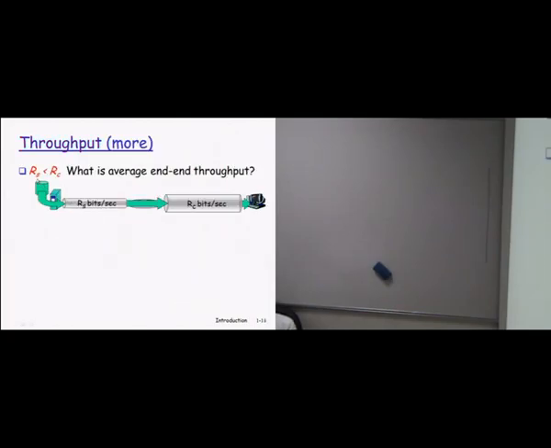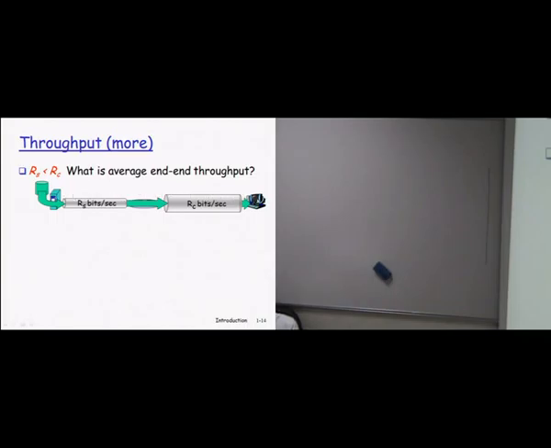So what is the average end-to-end throughput? End-to-end is measured from server to the client. In between, the two links have different rates. Their bandwidths are different. So definitely their instantaneous throughputs will be different.